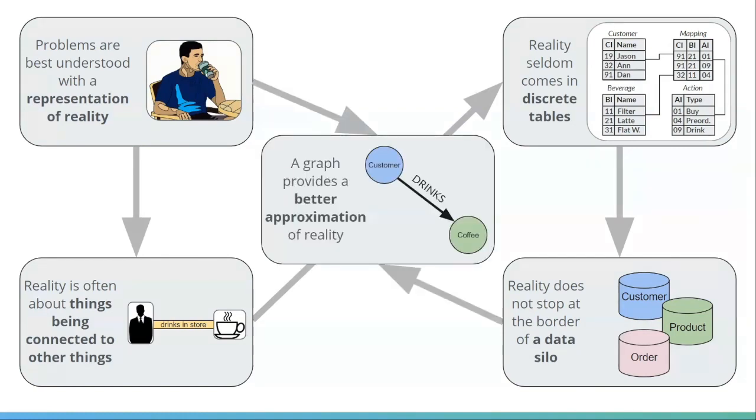And we come back to thinking about what a graph is and what it does: a graph is a representation of discrete entities and how they relate to each other. By using graphs, we can create something that provides a better approximation of the reality of our data and the questions that we're looking to answer.